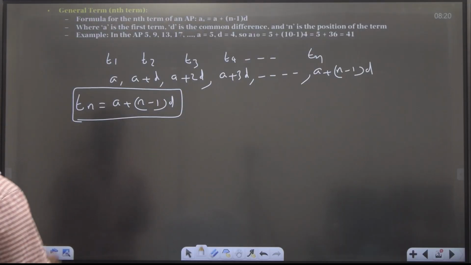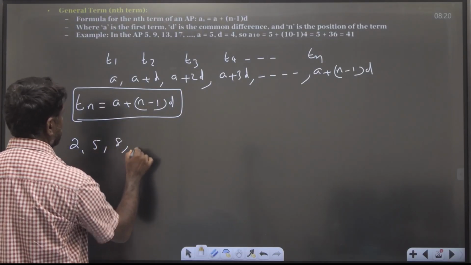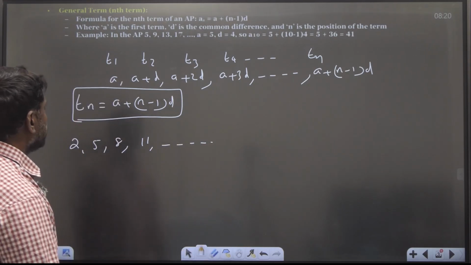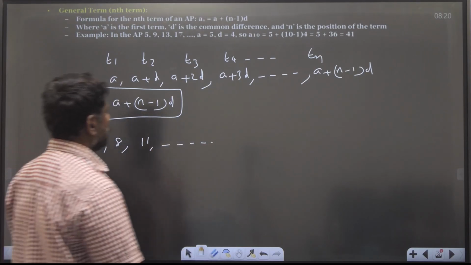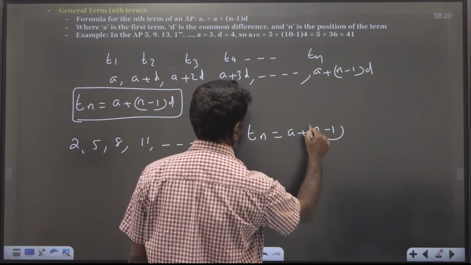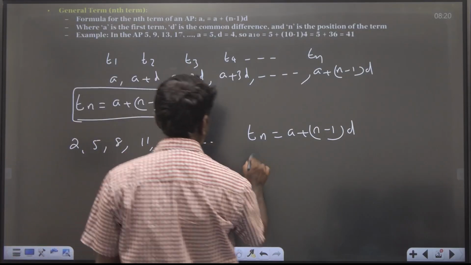For example, 2, 5, 8, 11, etc. What will be the nth term? The formula is tn equal to a plus n minus 1 into d. What is a here? Here a is equal to 2.